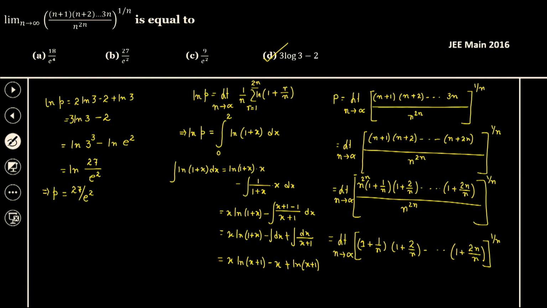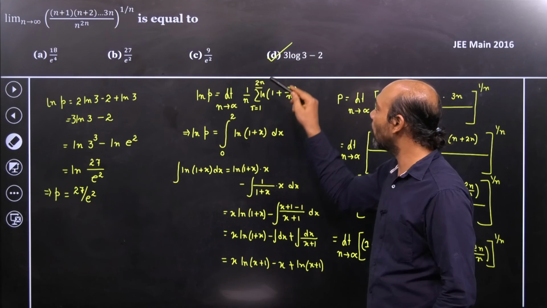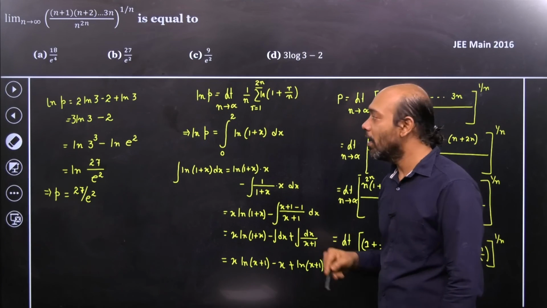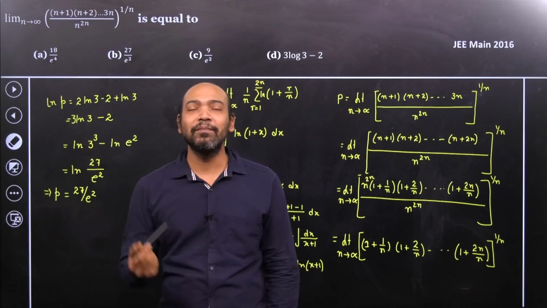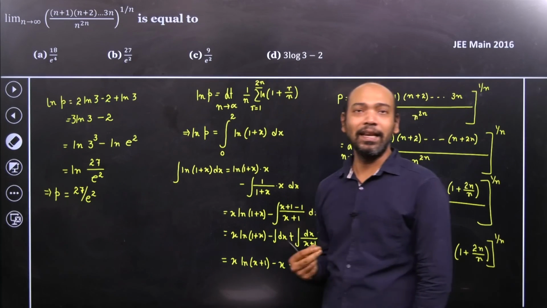And sometimes we make that mistake. See that here ln p is written, but we always miss that at the time of the exam, and that's why this option is present, 3 log 3 minus 2. Whenever we do any MCQ type problems, we generally do all the calculation in rough work.